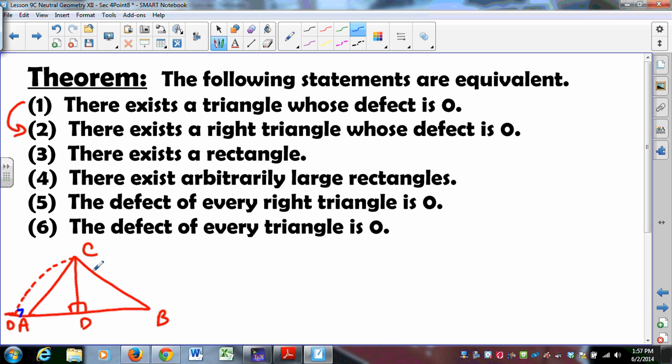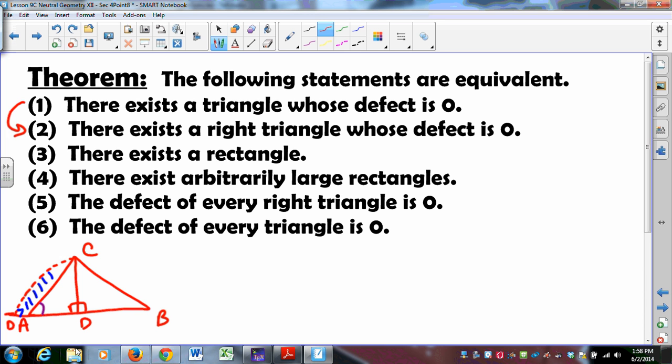So if we were to look at angle CAD, that's an exterior angle for this triangle out here, and that exterior angle would be less in measure than that right angle right there. So we know that when we drop the perpendicular, it is happening in between A and B.